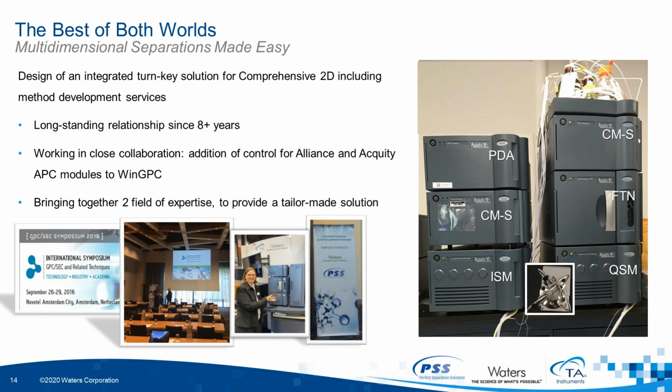I think a first look at the picture here in this corner shows that the required components do not look too scary. We see here already a 2D system with a very small footprint, which allows already to perform two different kinds of separation.